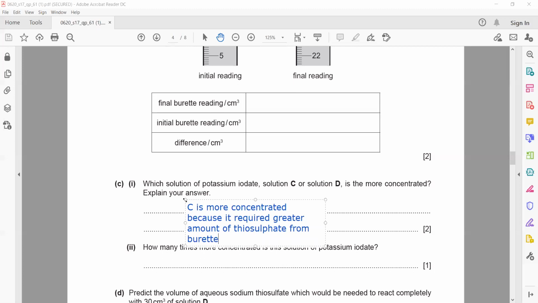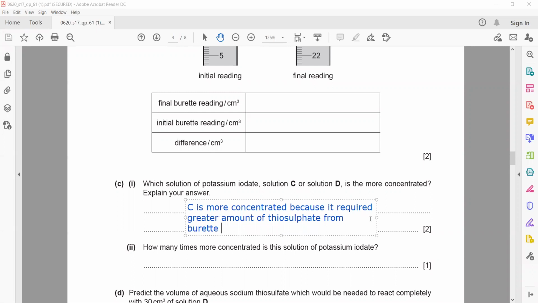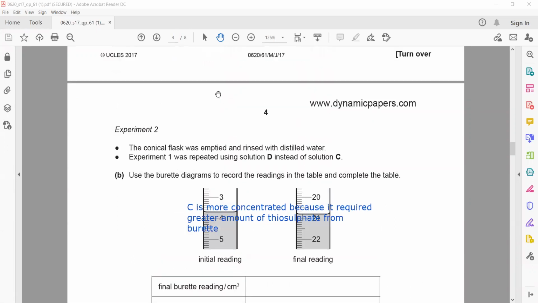So when you are comparing the particles, you have solution C and you have solution D. You are adding thiosulfate to these.